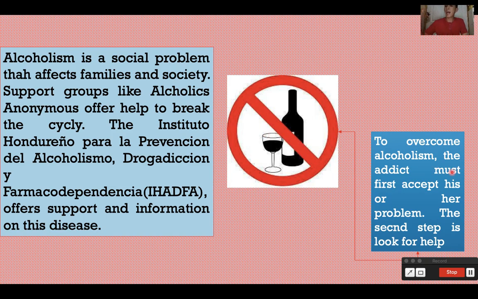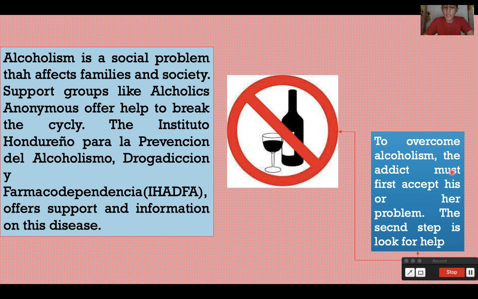To overcome alcoholism, the addict must first accept his or her problem. If a person who is addicted to alcohol wants to overcome this addiction, first of all they have to accept that they are sick, that they have a dependency on this substance.